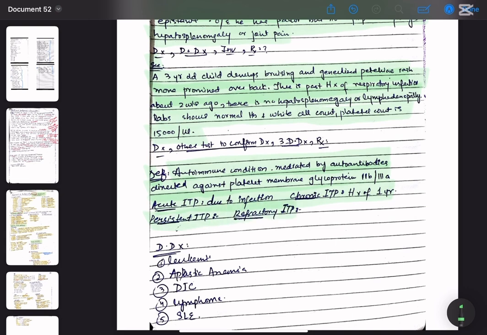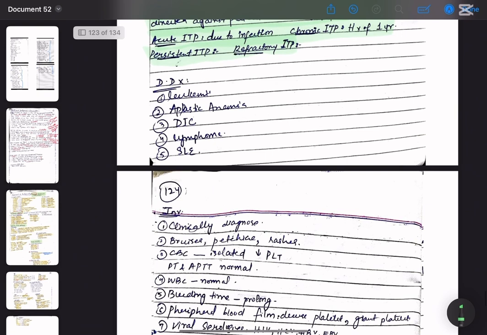Now, the differential diagnoses are leukemia, aplastic anemia, disseminated intravascular coagulation, lymphomas, and SLE, systemic lupus erythematosus. The investigation options for ITP: clinical diagnosis is done, bruises, fatigue, and rashes are present.